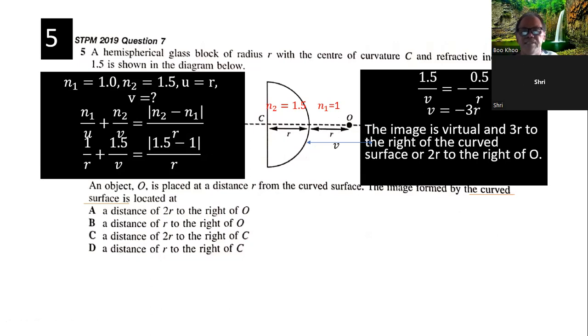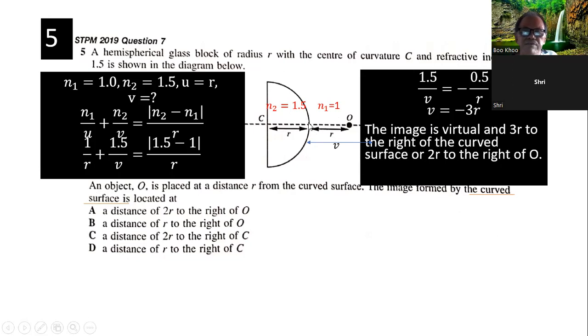Image negative means it's virtual. And 3R to the right of the curve. That's your image distance. So you want the image formed by the curved surface at... okay, image is virtual and 3R to the right of, right?